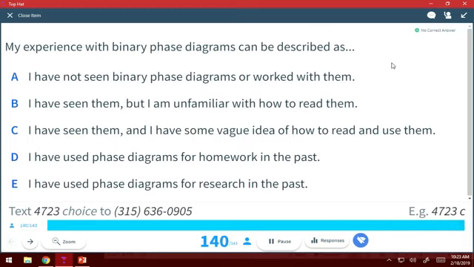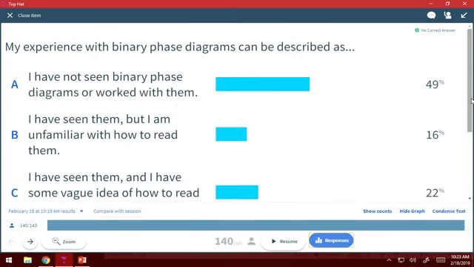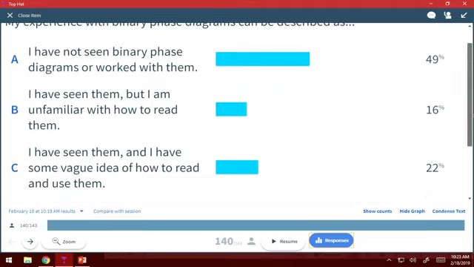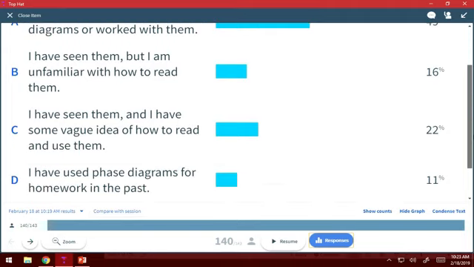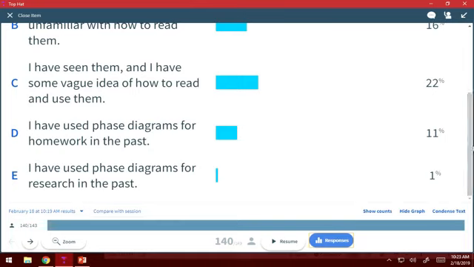I won't pause it just yet, but I just want to see the responses so I can get us started today. Okay, almost half of you have not seen binary phase diagrams. So I will alter my pace accordingly. 16% have seen them but are not really familiar with how to read them. Some of you have seen them and are vaguely familiar, so this might start the review process for you. 11% have seen it somewhere in your homework or in other classes.